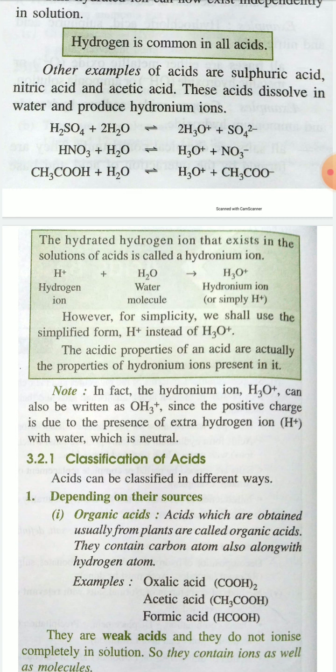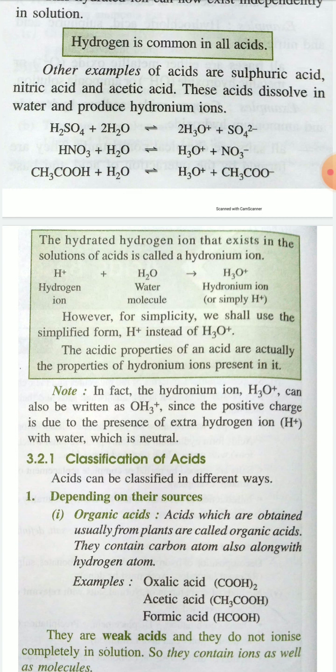Similarly, in acetic acid, CH3COOH, it combines with water molecule to form H3O plus ion and acetate anion, that is H3O plus and CH3COO minus acetate anion. So acid produces H3O plus ion in aqueous solution, which exists independently in the solution.